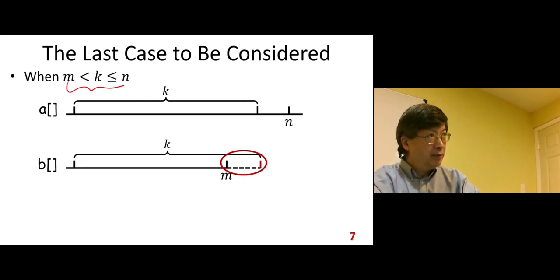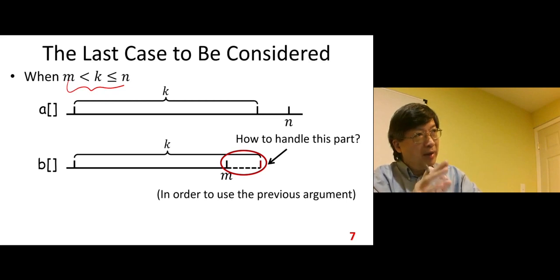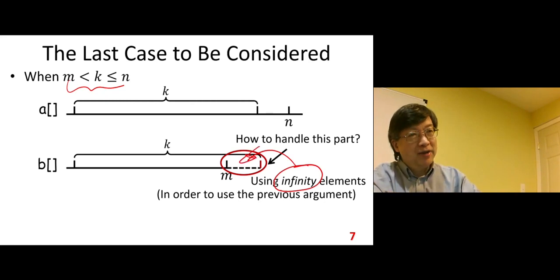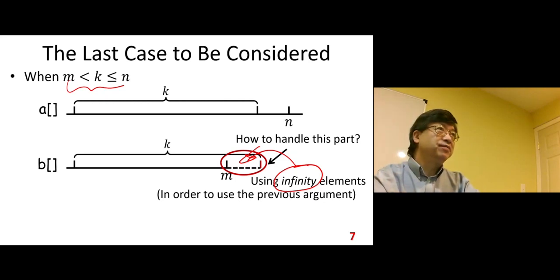Can we do that? Try to think in that way. There is one special way we can do it, without doing any damage in our analysis. We try to use infinity elements there. Can we pack the remaining part with infinity elements there?